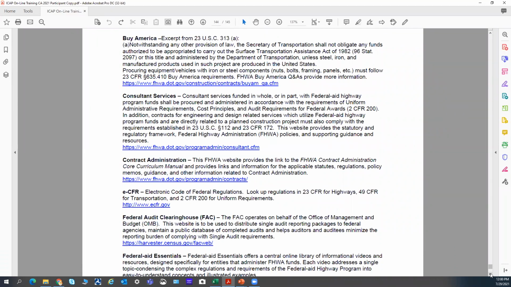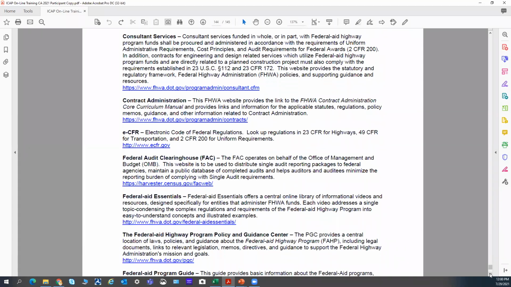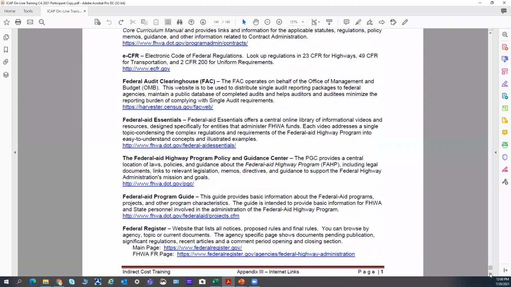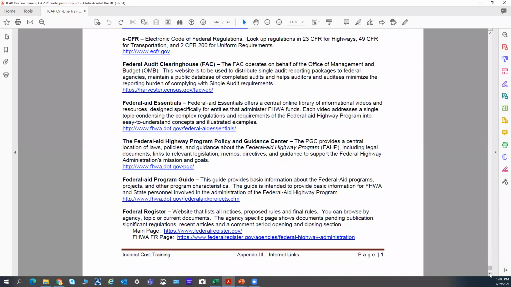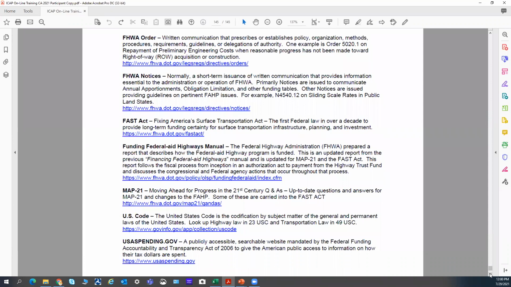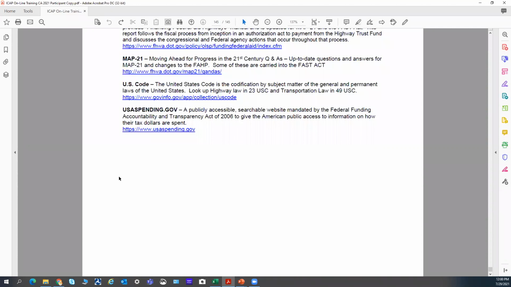You've got Buy America, Consultant Services, and these are all references to various regulations, guidance, and pieces of information that you'll find. So that's part of your whole package and not part of the ICAP, starting from 137 all the way to the end. Let me stop here and ask if there are any questions before I jump over to the workbook.